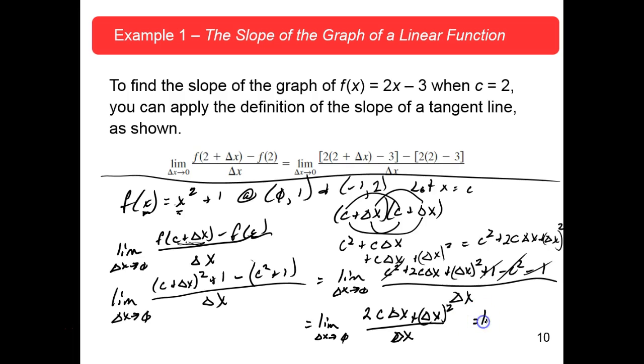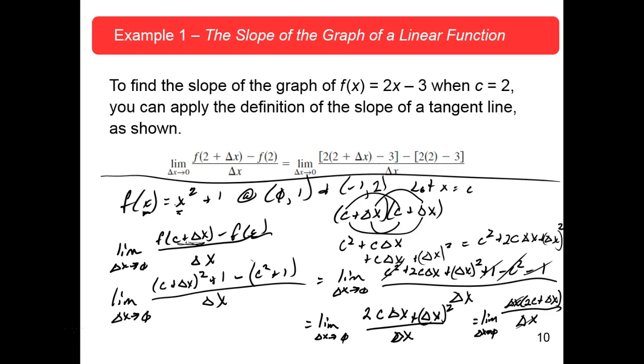So that's the limit as delta x is approaching 0 of a delta x in the numerator, and what would be left when you factor it out? 2c plus delta x, right? And you divide that by a delta x. The delta x's go out. Look at that. We got rid of that 0 in the denominator.